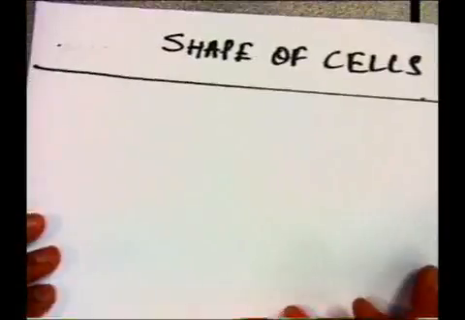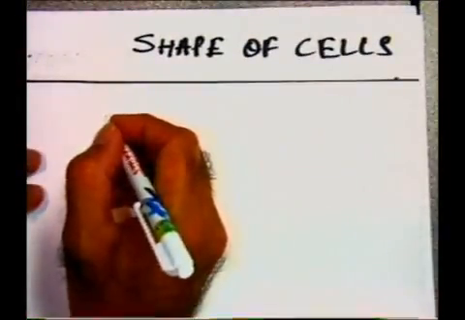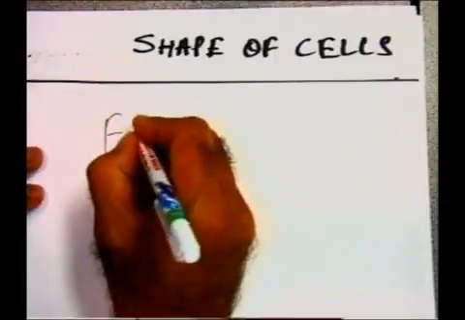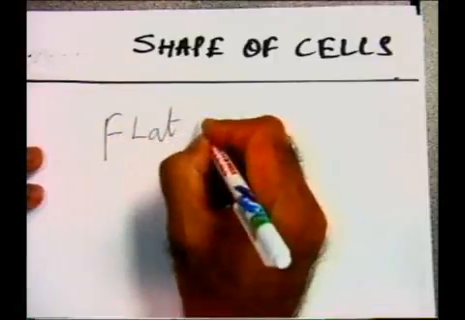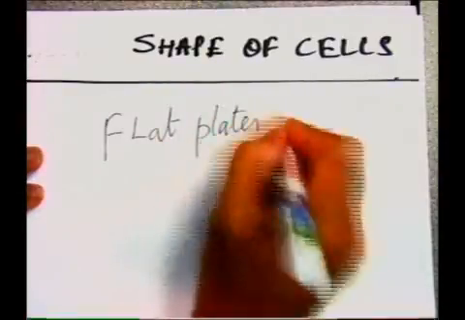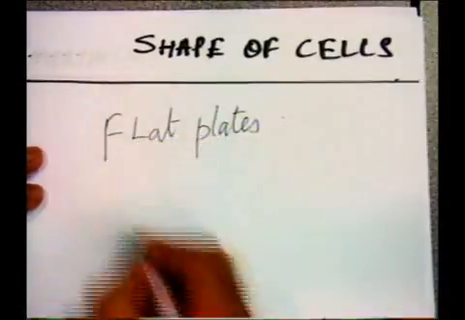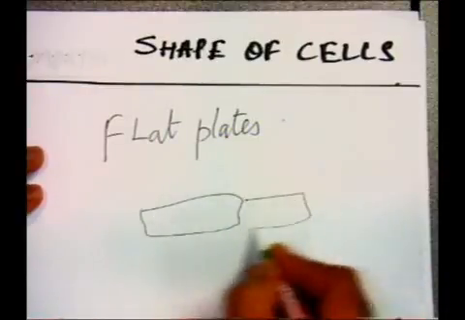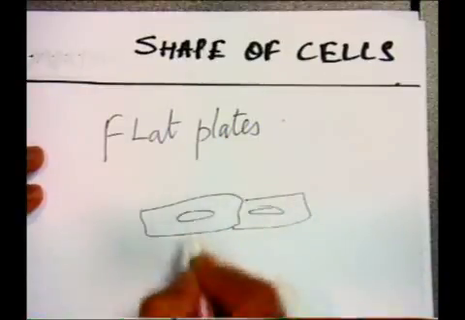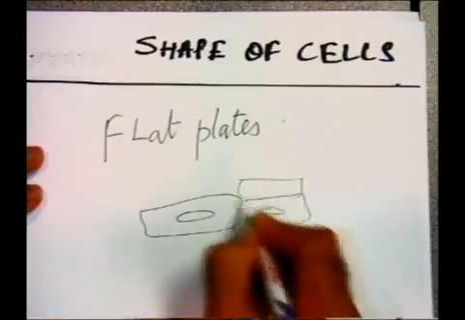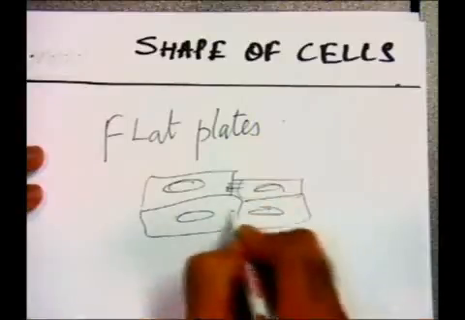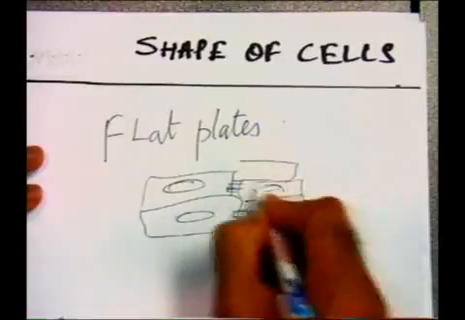If you go on to the shape of cells in squamous epithelium, it's like flat plates. It's very flat, these cells. It looks like this, and these are the junctions, and it's being attached to it.